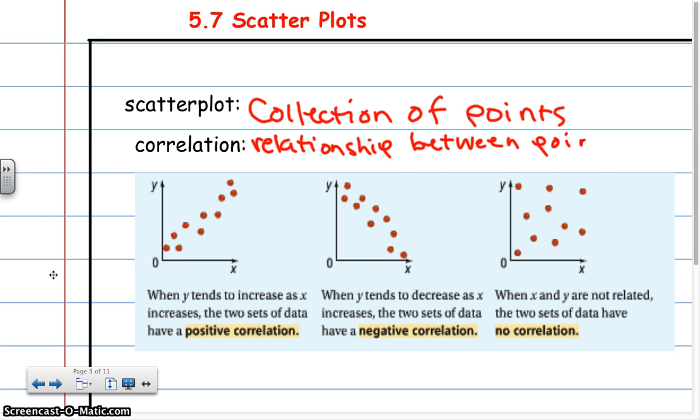And when we talk about points, I want you to know, is there a relationship between x and y? So with a scatter plot, you just plot a whole bunch of points.